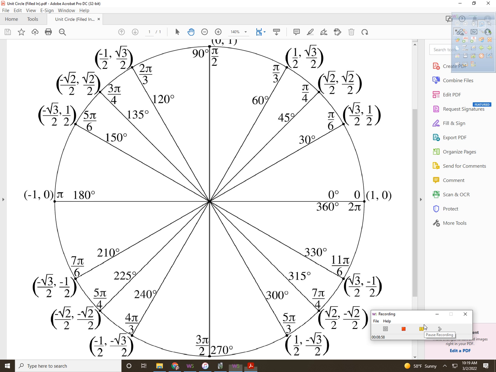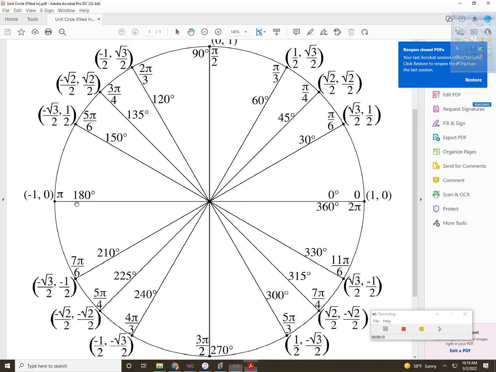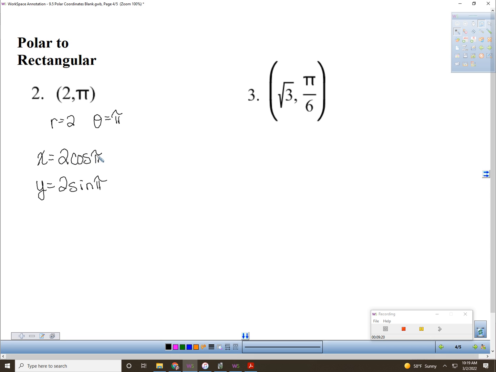So if we pull up our unit circle here, I first want to find the cosine of pi. So here's pi. Cosine is my x value here. So the cosine of pi is -1. So I'm going to change cosine of pi to -1.